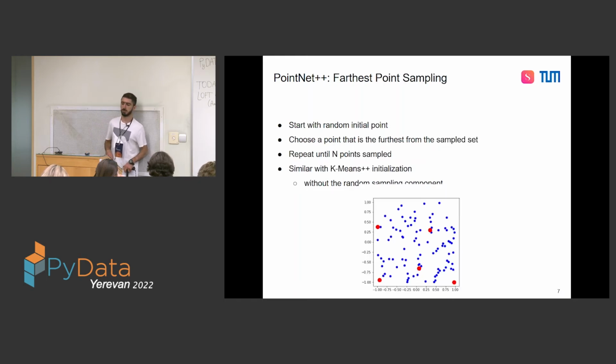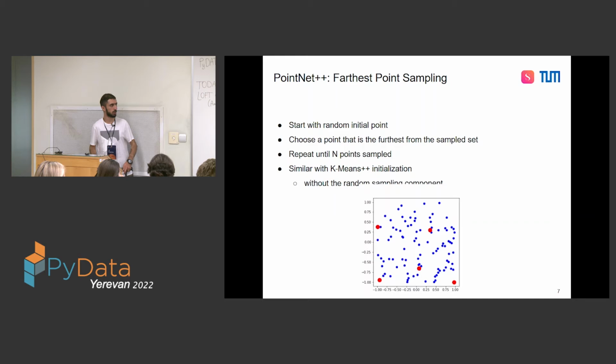Okay, so this farthest point sampling is something similar to K-means plus plus initialization, and we start with a random point from our point cloud, and then imagine we need to choose some endpoints that maximally cover our point cloud, which means that we start with a random point and then take the next point, which is farthest from the point we took before, which was taken randomly.